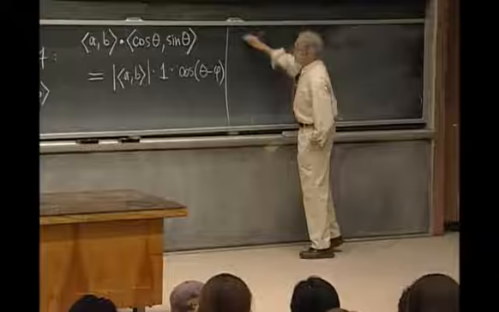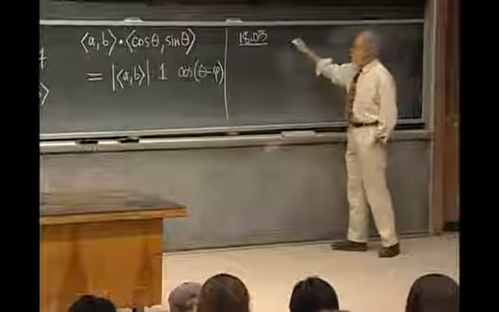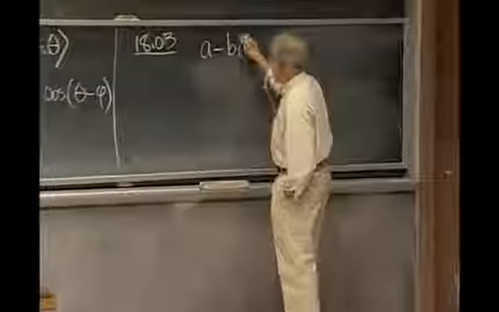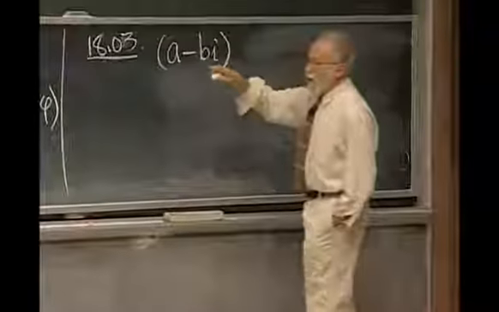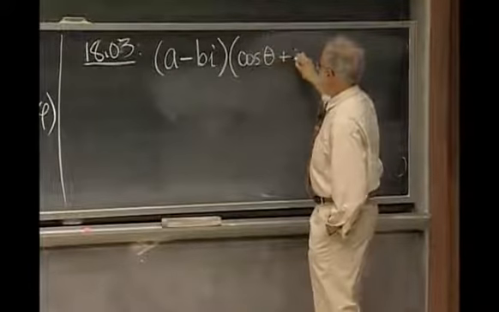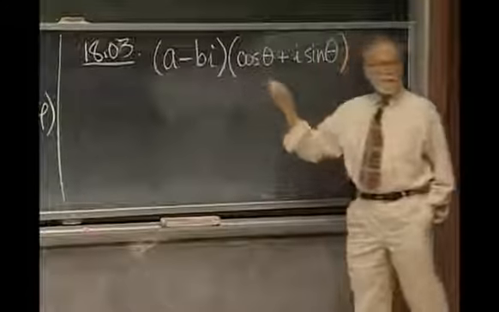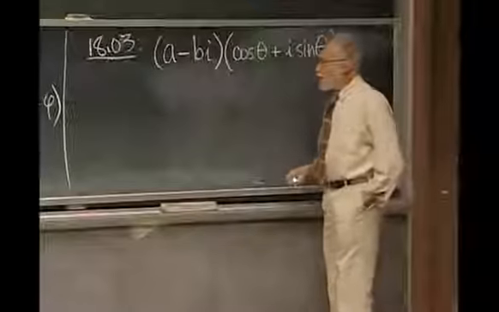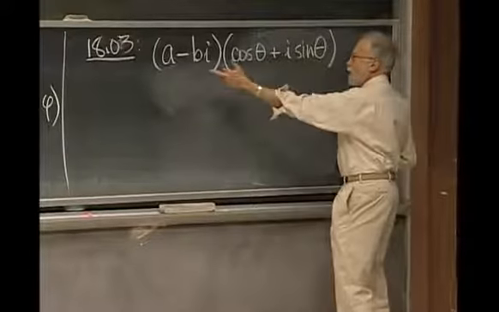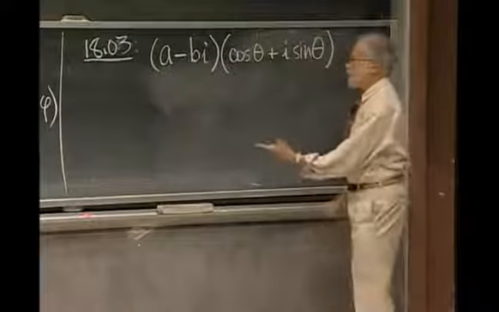So the 18.03 argument, really the complex number argument, says, look, multiply together a minus bi and the complex number cosine theta plus i sine theta. There are different ways of explaining why I want to put the minus i there instead of i, but the simplest is because I want, when I take the real part, to get the left-hand side.